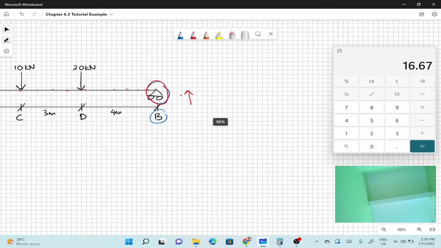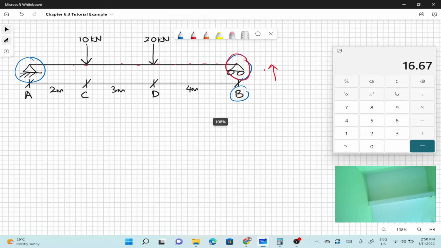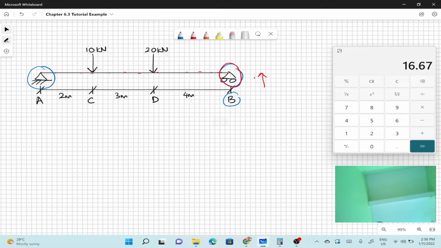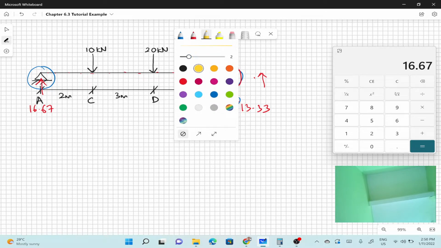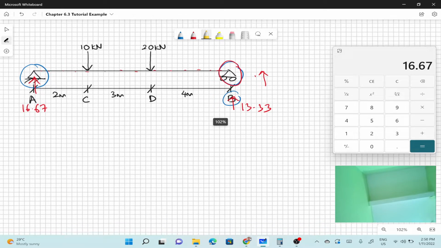Okay, so let's move on here. So I'm just going to quickly put down the value here, 16.67, and the value here, 13.33.